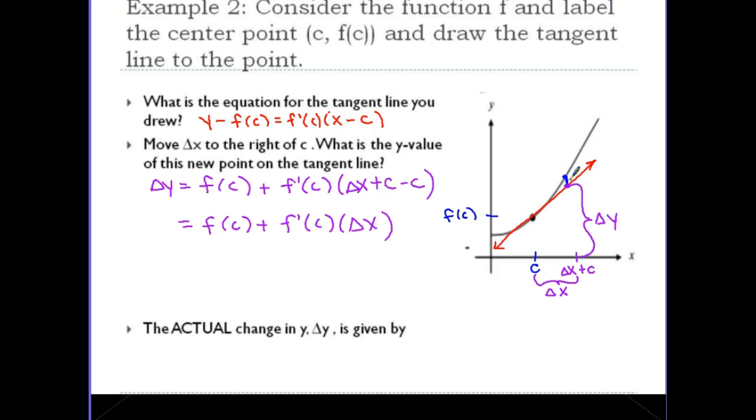Yep, so that's kind of what this is saying. How do you find that? So this actual value here, you just subtract the estimate that we got from that.